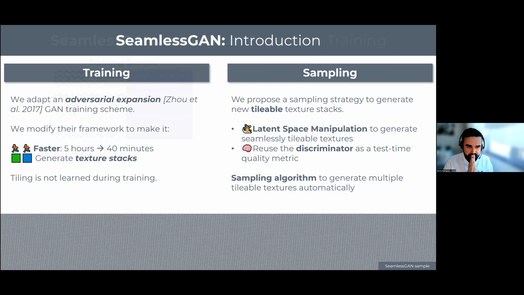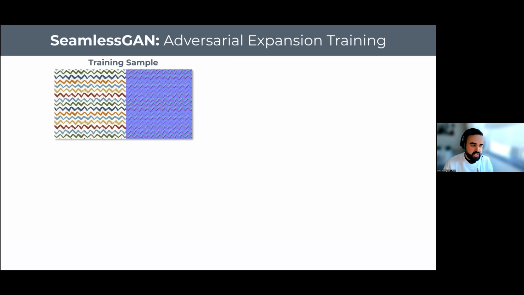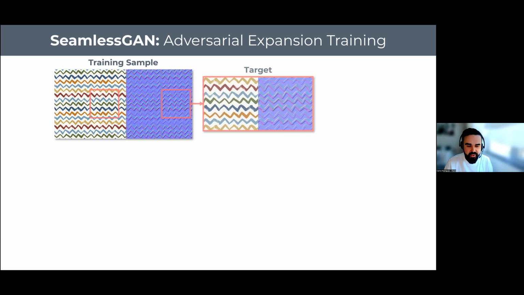So in terms of how we train the GAN, there's this adversarial expansion idea, which we borrow from the paper I mentioned before. This is a texture stack. On the left, we see a base color map, an albedo map, and on the right, a normal map. For each element in each batch in the training, we randomly crop a portion of the material. This becomes our target, what we want to generate.